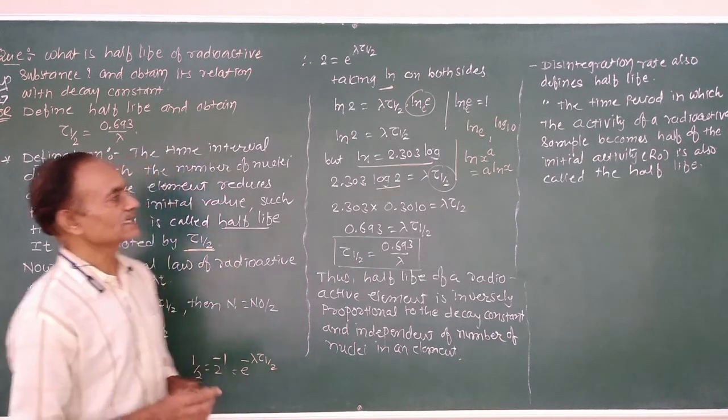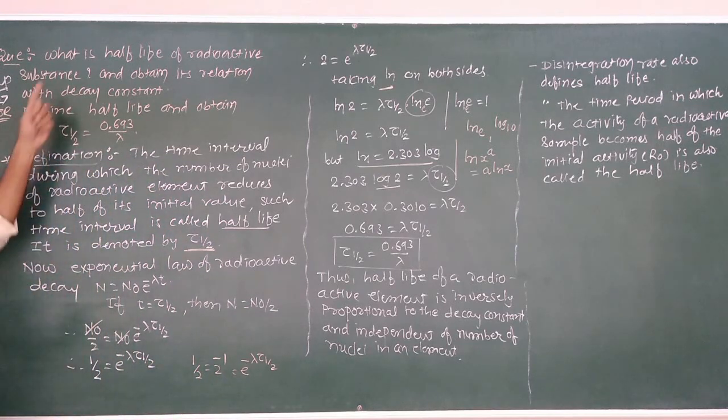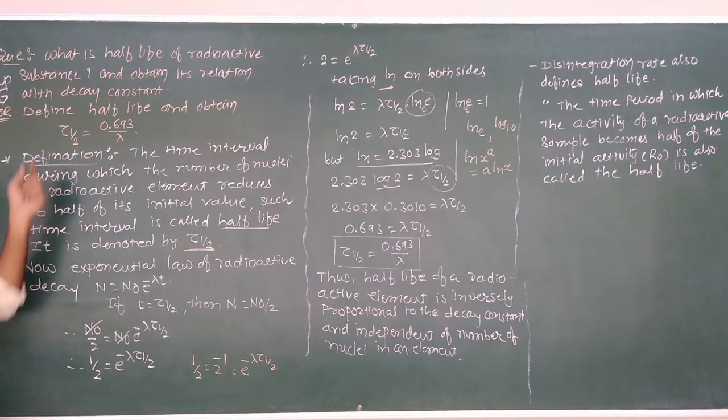Again, we repeat the answer of the question. What is the half-life of a radioactive substance, and obtain its relation with the decay constant? Or in other words, define the half-life and obtain τ half is equal to 0.693 upon λ.